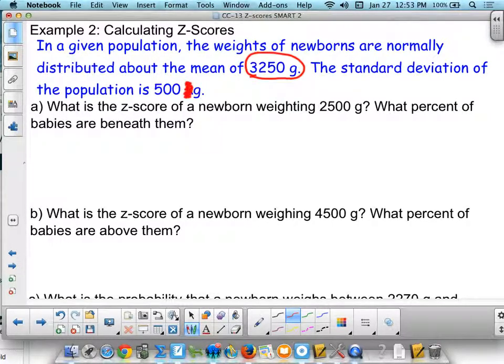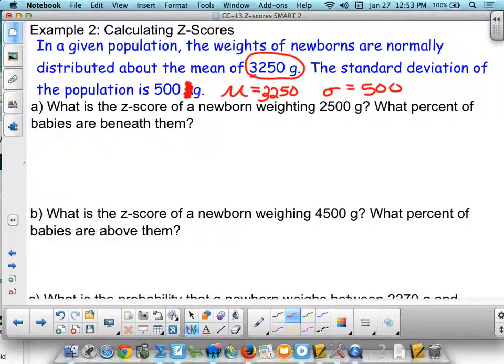So they gave you this. The average is 3250, and the standard deviation is 500. 500 kilos. No. I said grams. Okay. Big baby. Yeah, it would be a big baby.